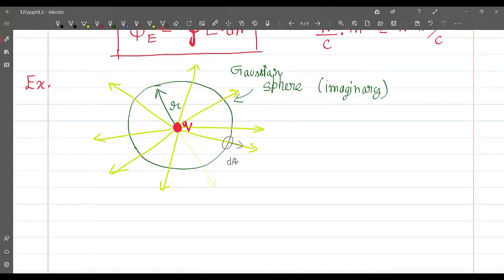All the small areas on the surface will be radially outwards. Let us say the electric field here is E. The electric field at each and every point on the sphere is 1 by 4 pi epsilon naught into q by r square. Of course, the direction will be different. The direction is radially outwards, and your area vector dA is also radially outwards.